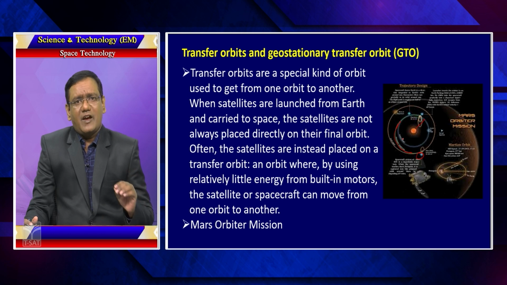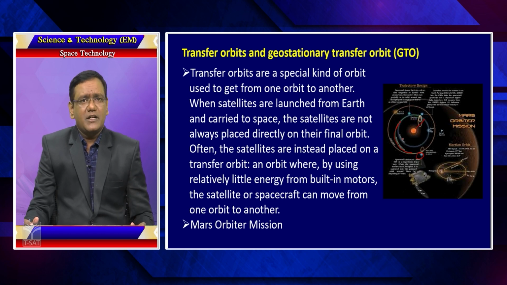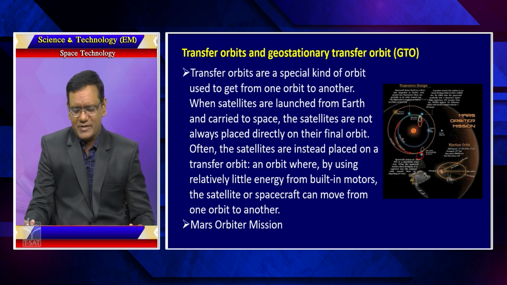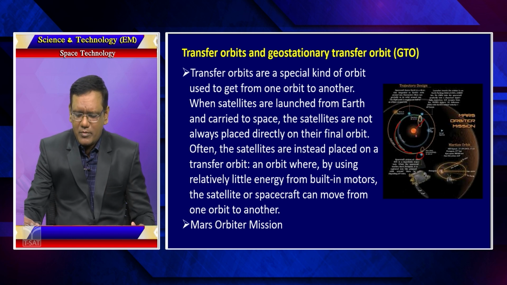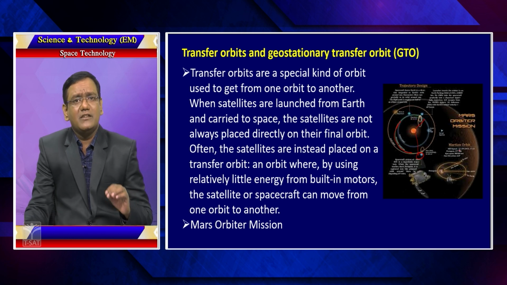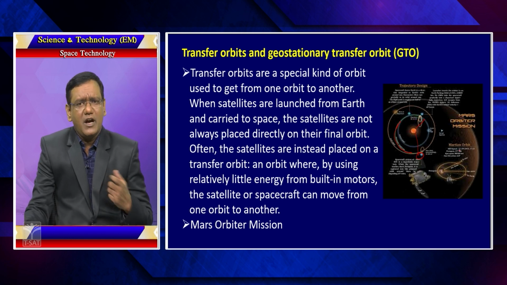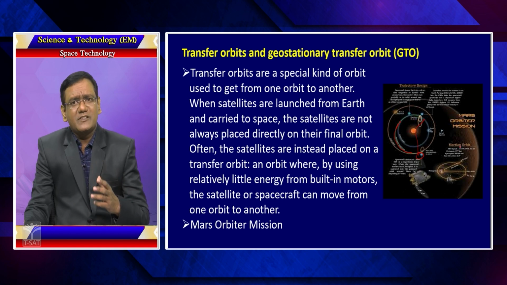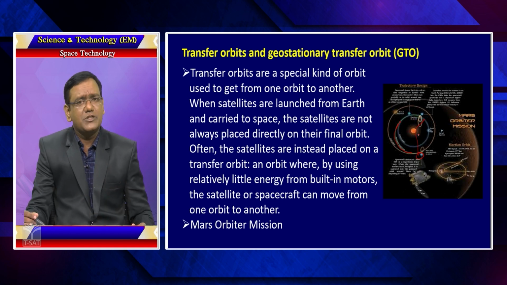When satellites are launched from the Earth and carried to space, the satellites are not always placed directly on their final orbit. You cannot place it directly here itself because of many technical issues, because we may not have that much power to send a satellite from here to here.